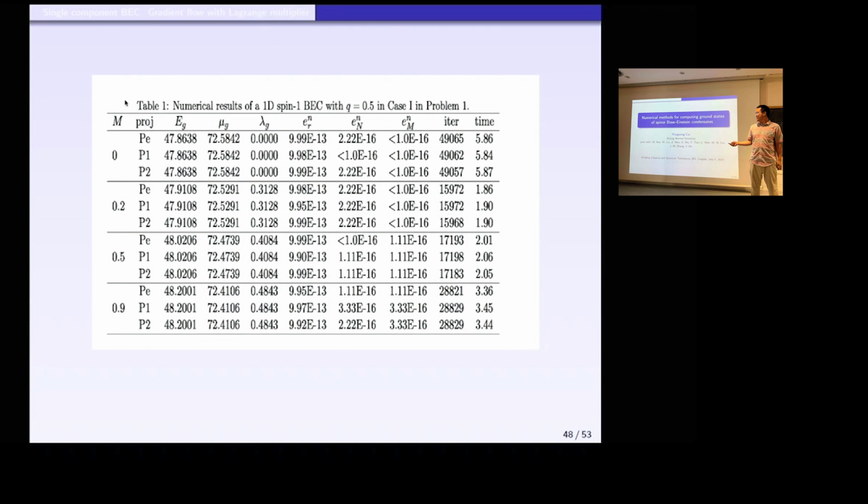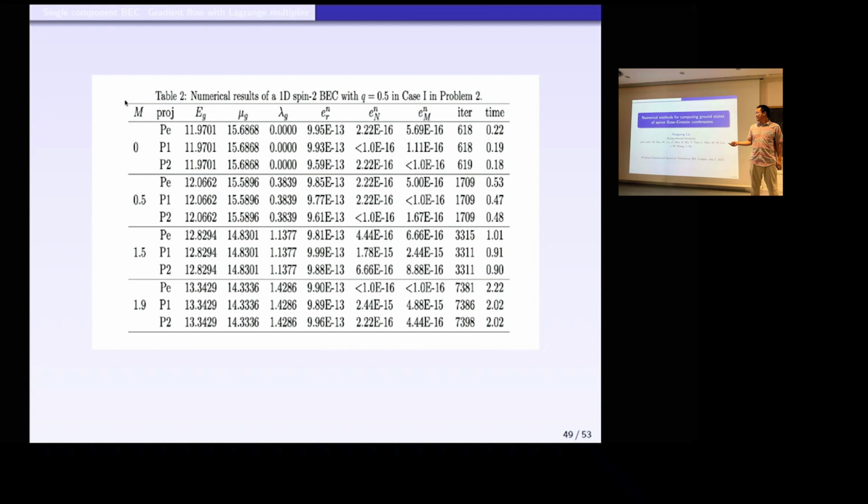Because in the spin 1 case, we also have an explicit formula for the exact projection constants. And this is for spin 2. Here normally we need to solve an algebraic equation to get the projection constant for the exact one.